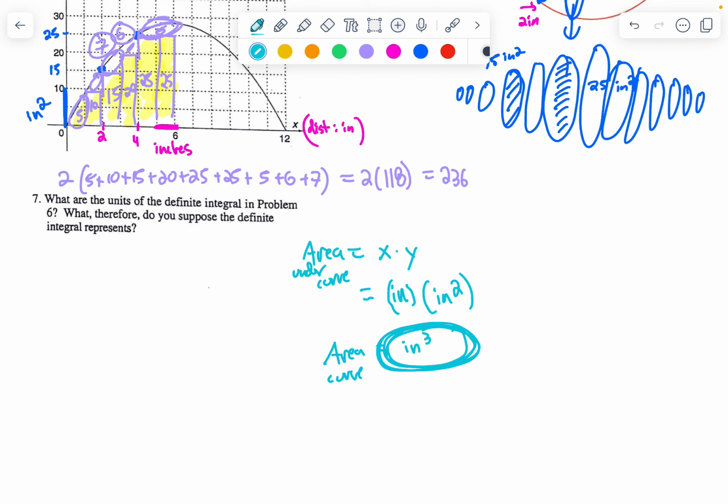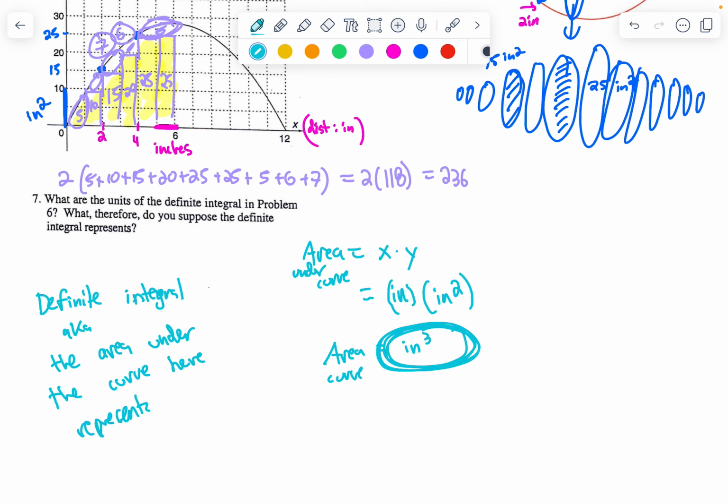So the definite integral, aka the area under the curve here, represents the volume of the football.